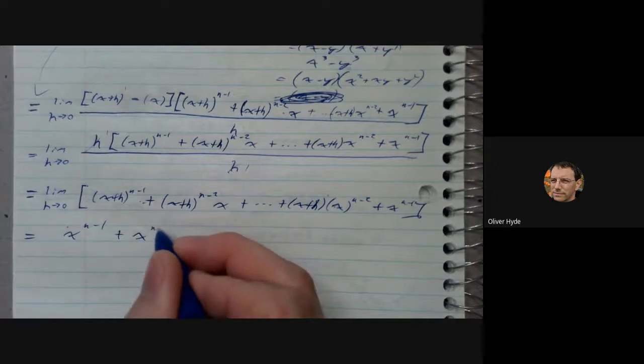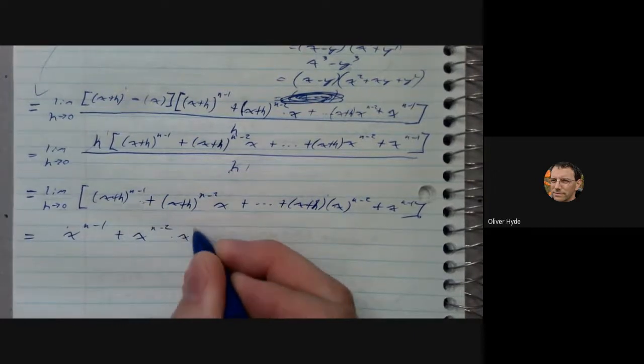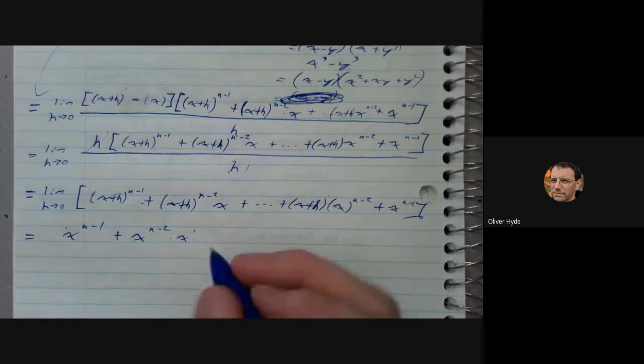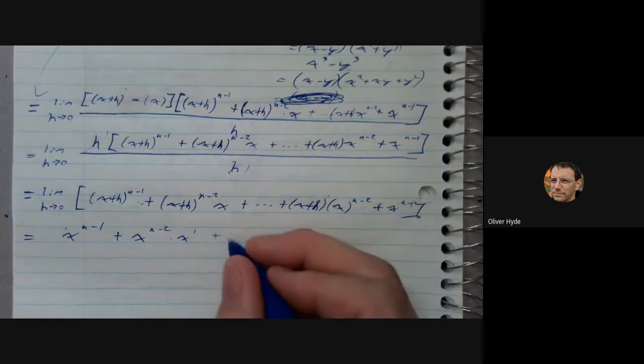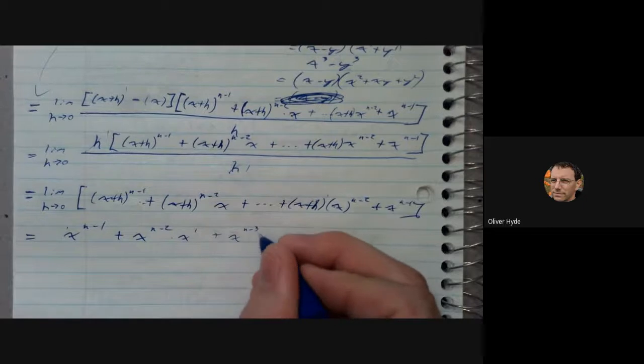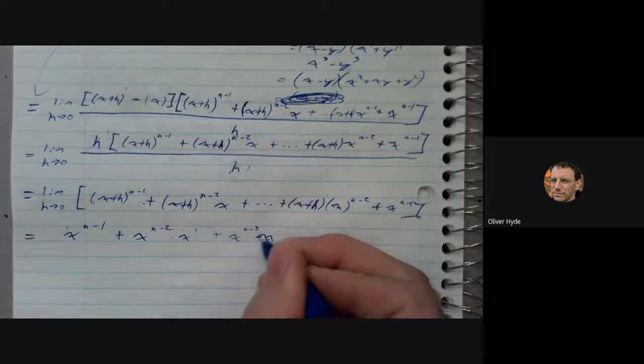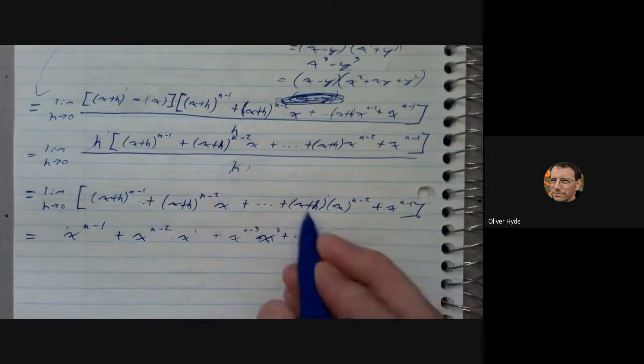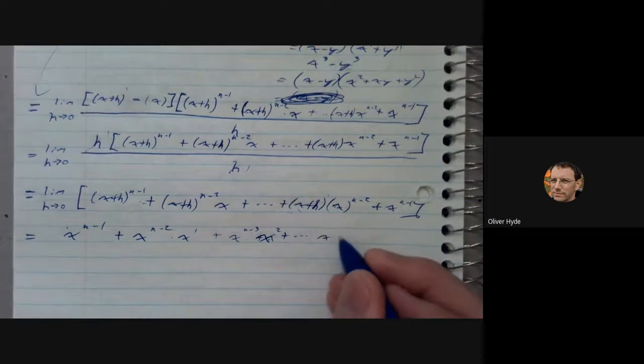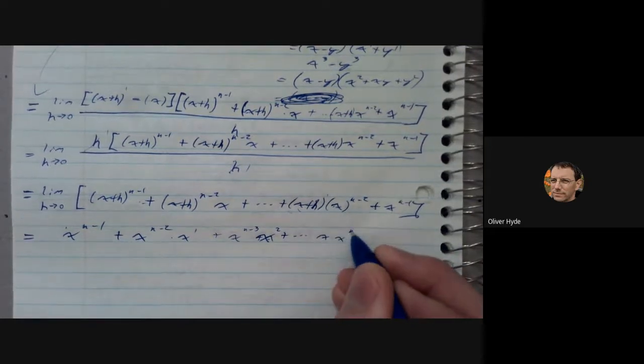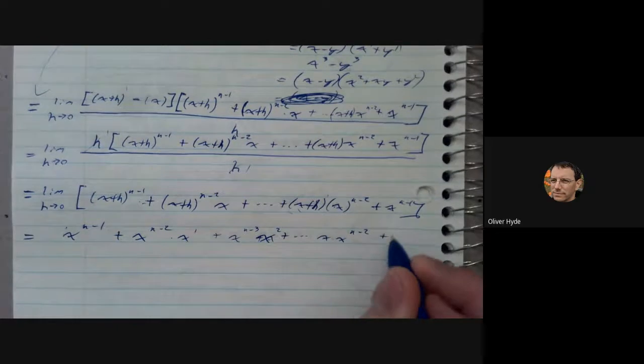That'll be raised to the exponent n minus 2, and I'll multiply it by x to the exponent 1. Maybe in here I'll try to convince you the next term would be x to the exponent n minus 3 times x squared. All the way down to, as h approaches 0, that approaches x. This will stay x to the exponent n minus 2, and then that'll be x to the exponent n minus 1.